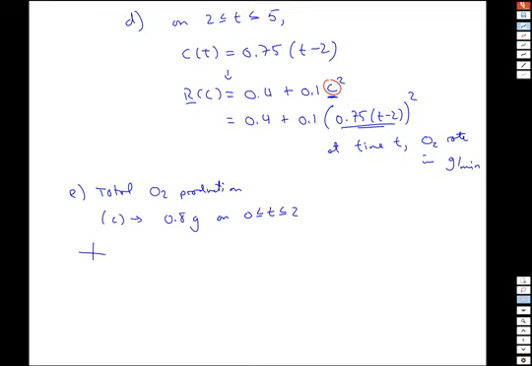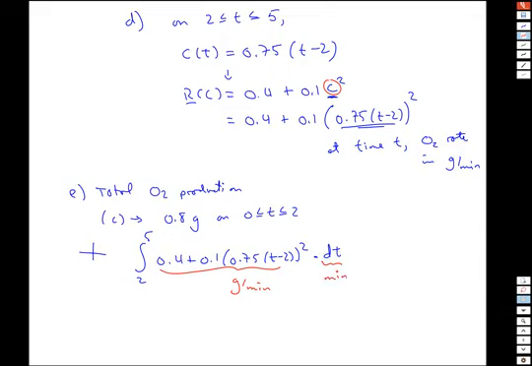And we're going to add to that, well, not a huge surprise at this stage in the course, the integral from 2 to 5 of the oxygen production rate formula, with t minus 2 squared. That is in grams per minute. And we're going to integrate that, multiplying it by little units of time. Well, that's in minutes. Notice we're going from t equals 2 minutes to t equals 5 minutes. That all lines up nicely.